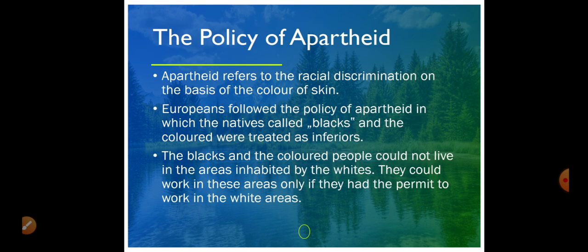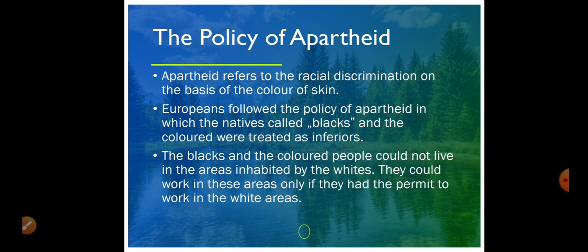Now, first of all, there is a need to know the meaning of the policy of apartheid. Apartheid refers to racial discrimination on the basis of the color of skin. Europeans followed the policy of apartheid in which the natives, the local people, called blacks, and the colored were treated as inferiors.